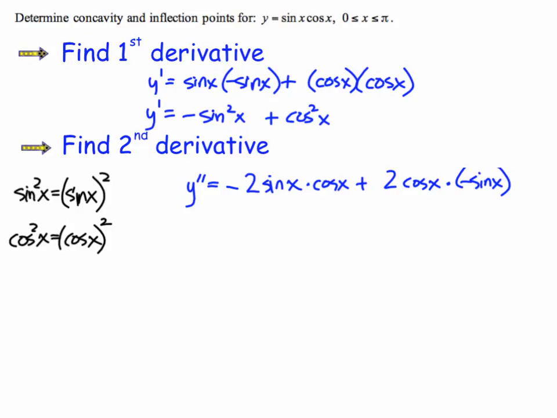Plus, for cosine x all squared, the 2 comes in front, so I get 2 times cosine x, times the derivative of cosine x, which is negative sine x.